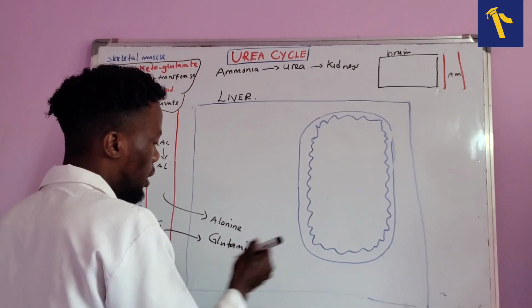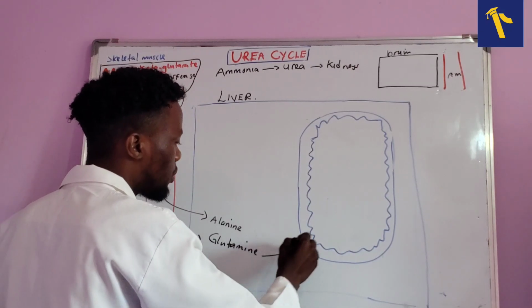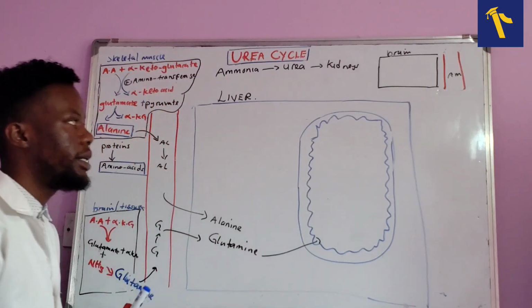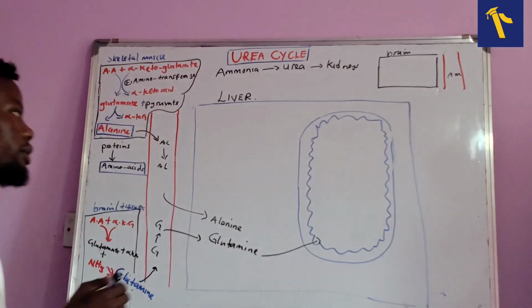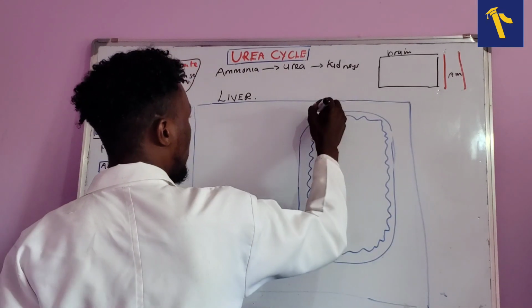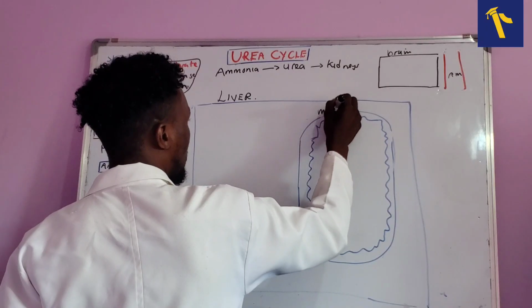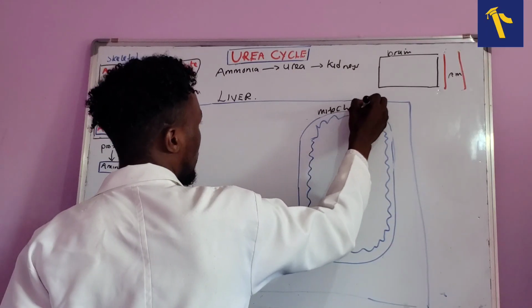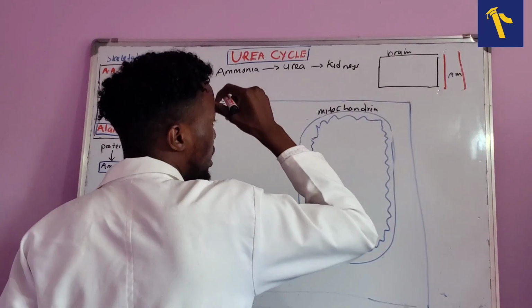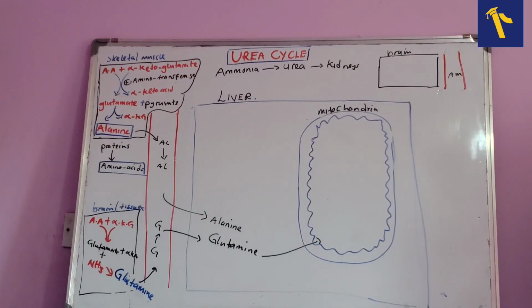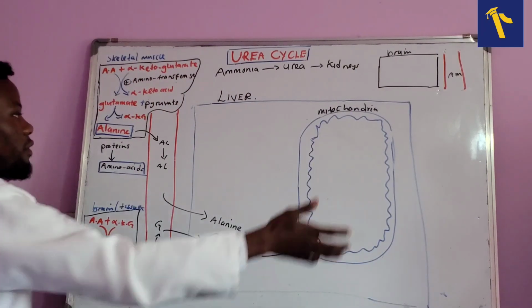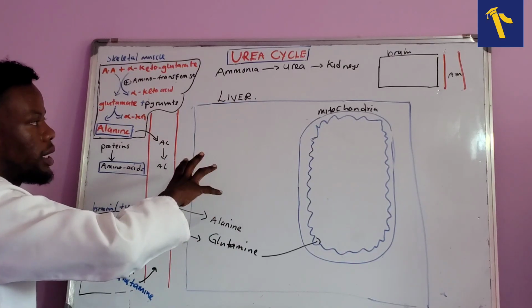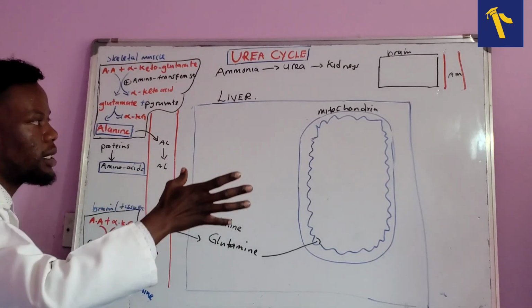Glutamine has this ability to enter into these mitochondria. So this part is what we call the mitochondria, the mitochondria in the liver. This is the liver cell, which is the hepatocyte. This hepatocyte has two parts.